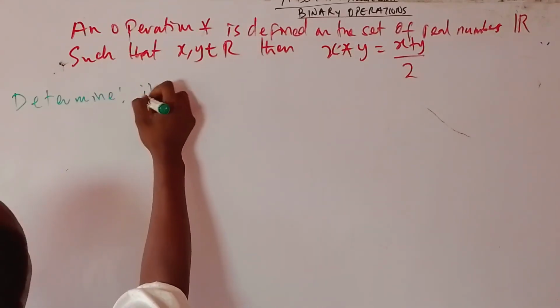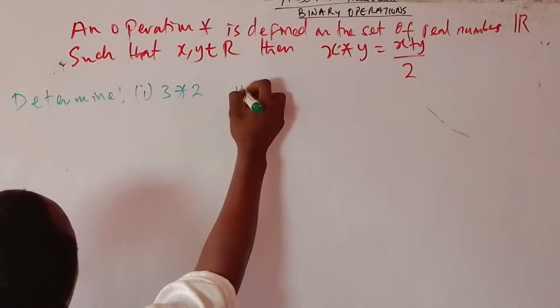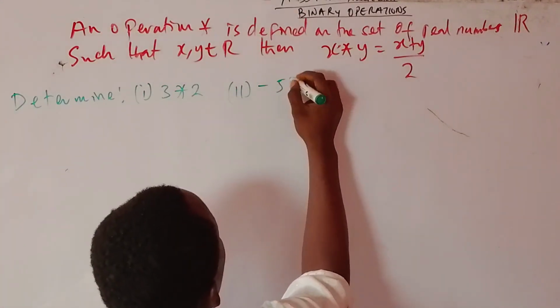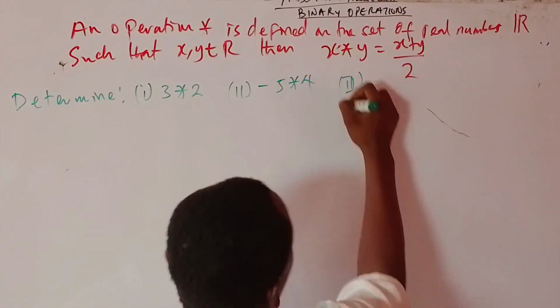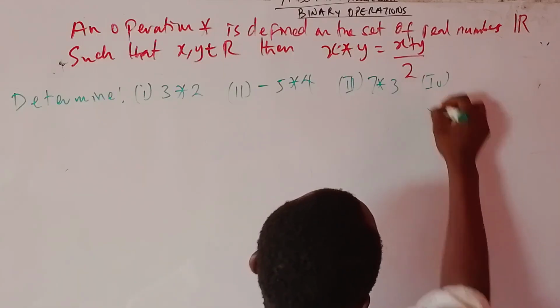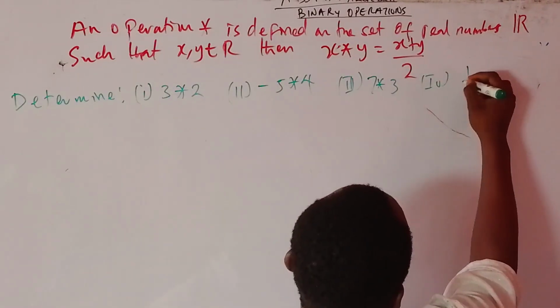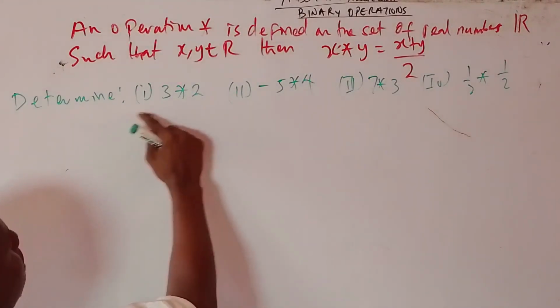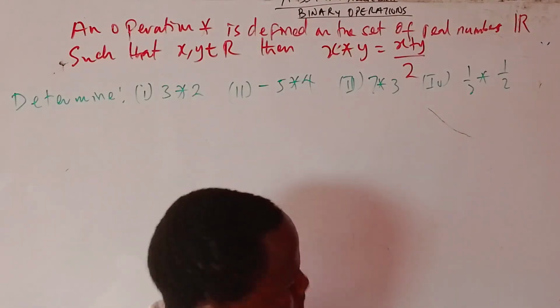Determine the following. Roman figure 1: 3 asterisk 2. Roman figure 2: negative 5 asterisk 4. Roman figure 3: 7 asterisk 3. Roman figure 4: 1 over 2 asterisk 1 over 2. So we want to check whether all these are closed.